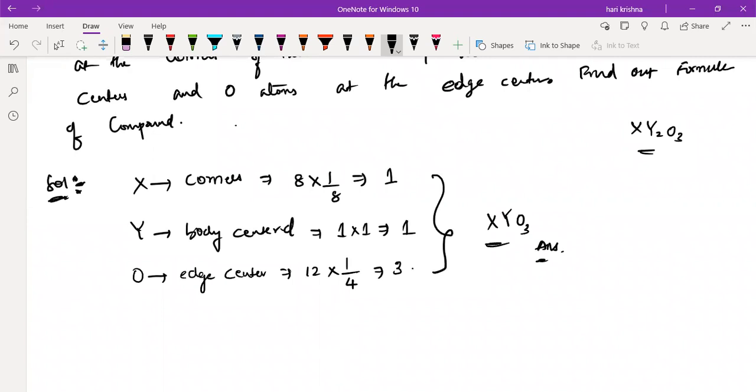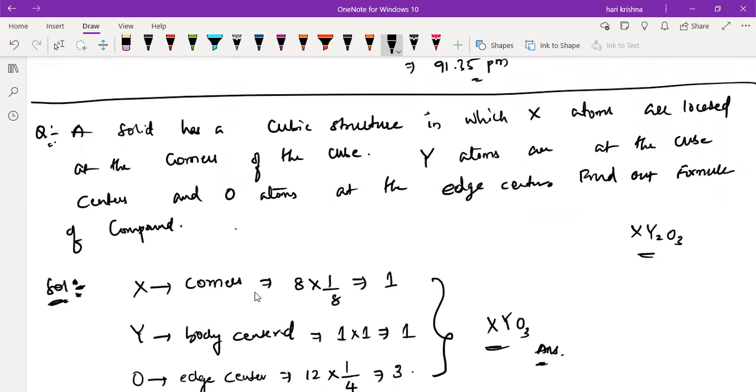Is it clear? Read the question properly. X atoms are located only at the corners, so 8 atoms into 1/8, and Y atoms are located only at the body center, so one atom completely belongs to only one unit cell, and O atoms are there at the edge centers.